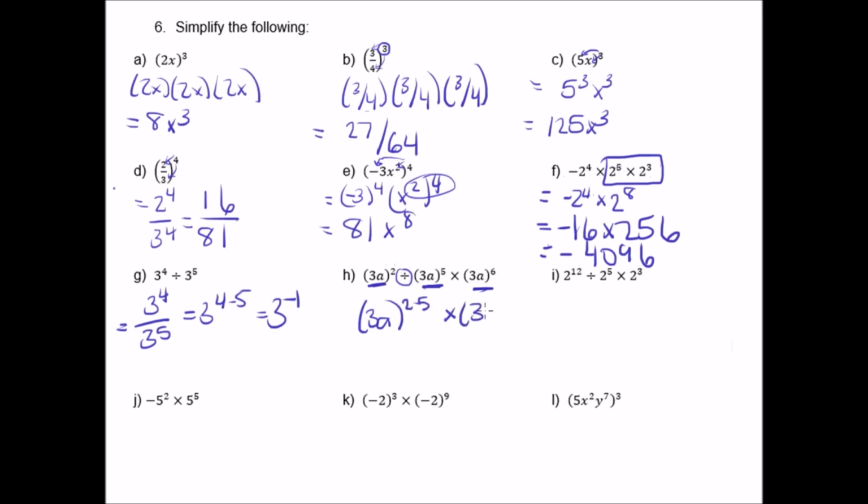Okay, and then I'm just going to write that underneath. So we get negative 3. So we get 3a to the negative 3 times 3a to the 6. And with multiplication, we add. So it's negative 3 plus 6. We get 3a cubed, which is also 3 to the 3, 27, a cubed.